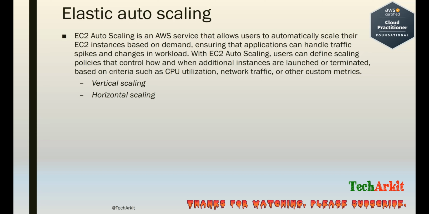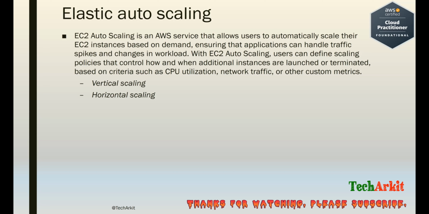If there is no workload, then it automatically removes those instances, right? So that is just like expanding and shrinking, just like a rubber band, an elastic rubber band. So that's how elastic auto scaling works.